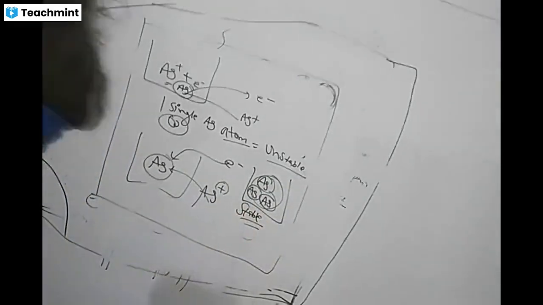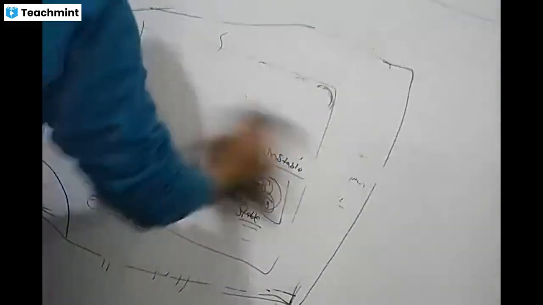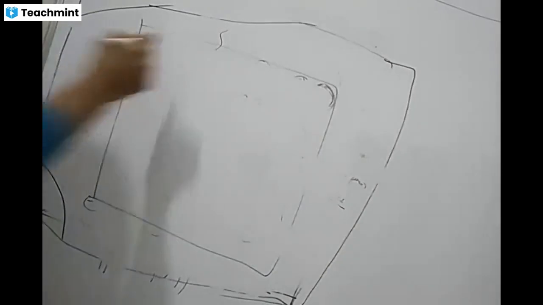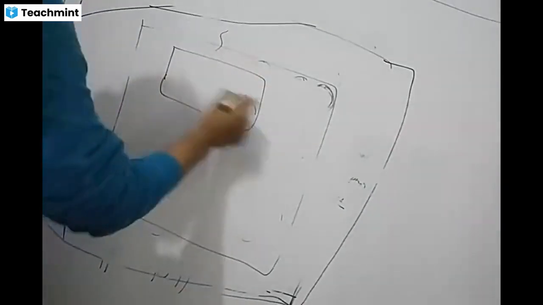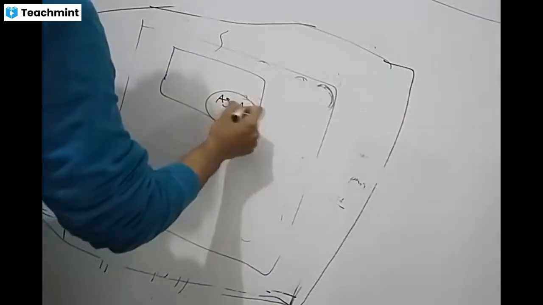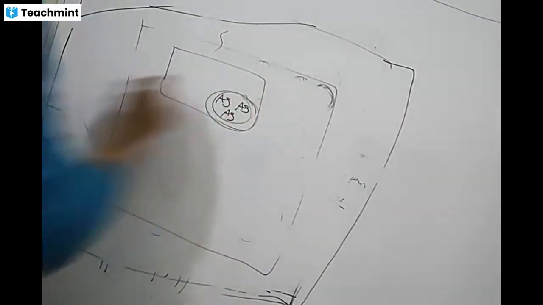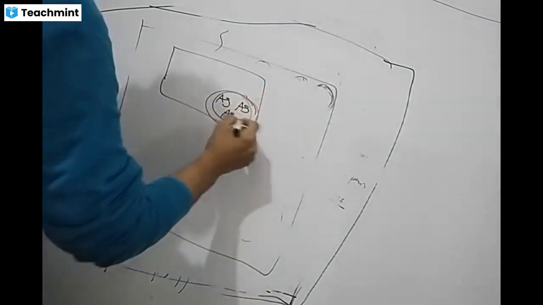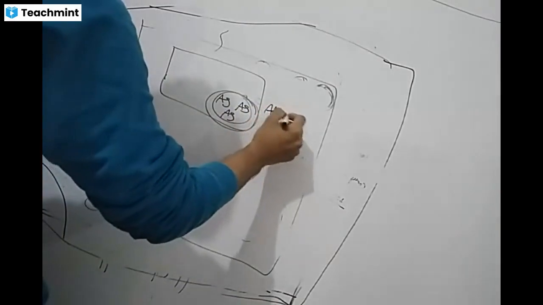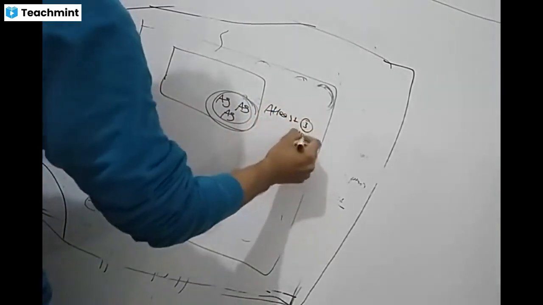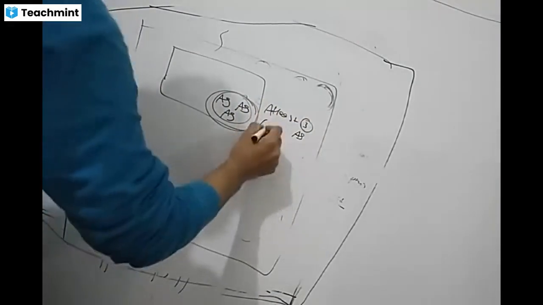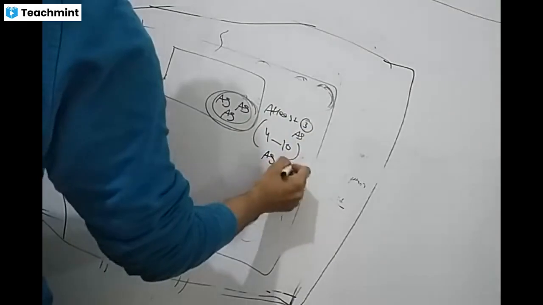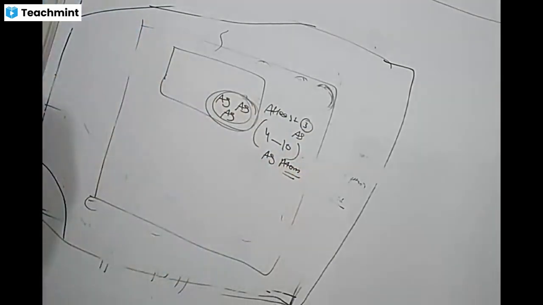So at this sensitivity center, at least three silver atoms should be present, and the range is usually 4 to 10 silver atoms which are reduced because of electrons.